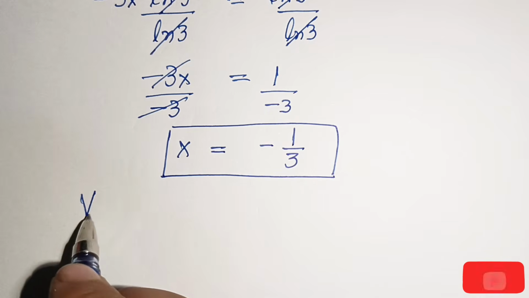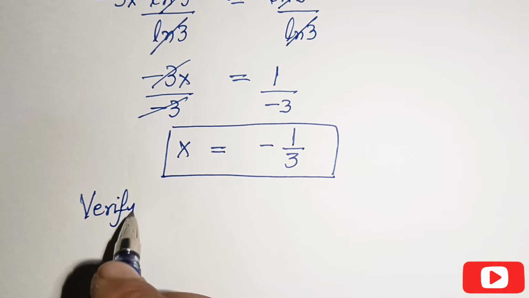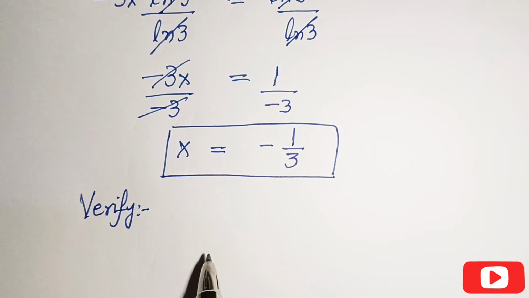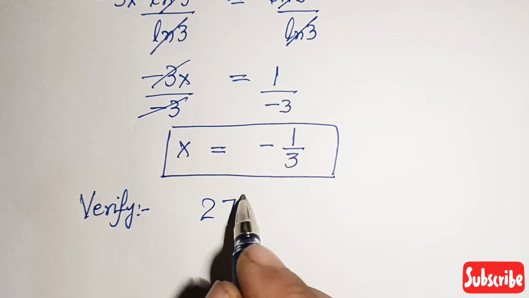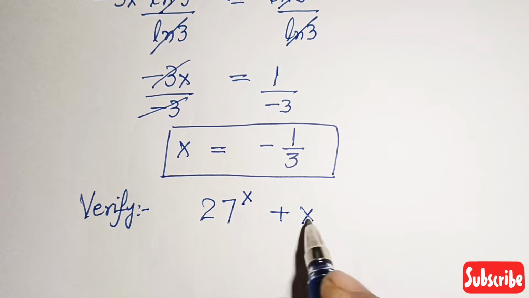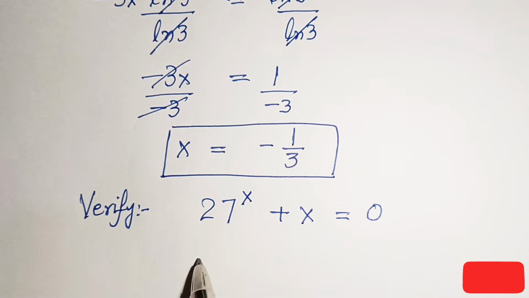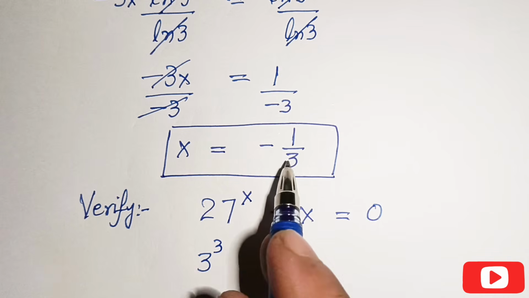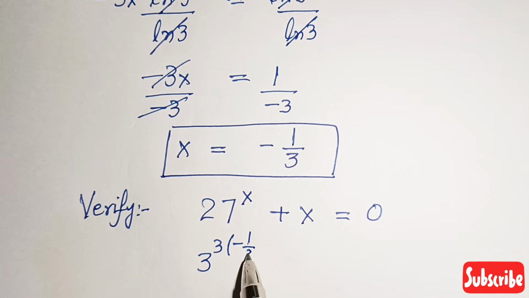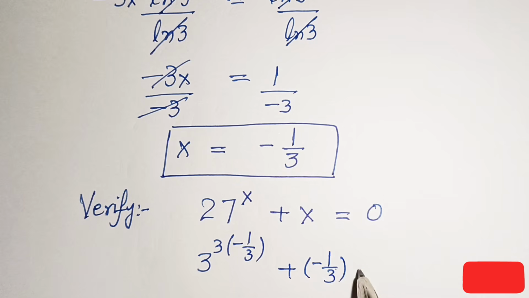Now we can verify this value by putting it in our problem. Now recall our problem, 27 to the power x plus x is equal to 0. Here 27 can be written as 3 cubed and the value of x is minus 1 over 3. So plus, here we just put minus 1 over 3, is it equal to 0.